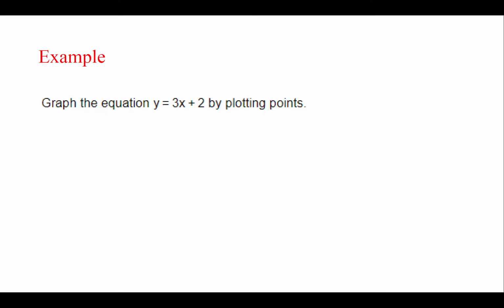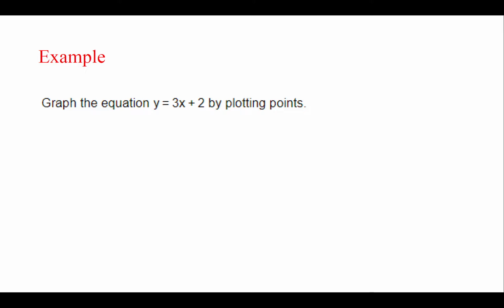So by using those ordered pairs, we can also plot the graph of any equation by making a table of ordered pairs. For example, let's say you have this equation, which is basically the equation of a straight line because it's a linear equation. We're going to see how we can plot the graph of this one.